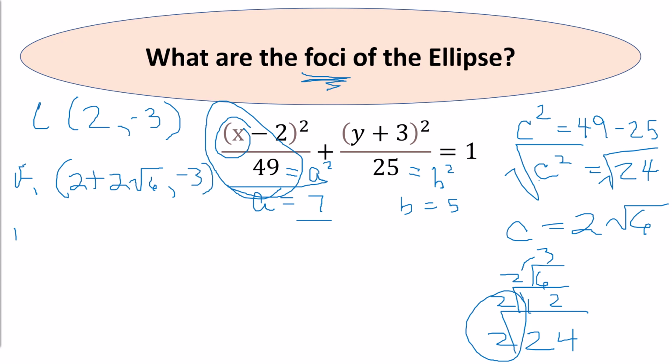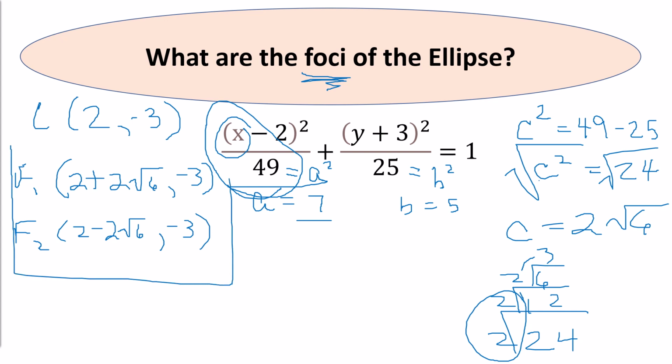And focus 2 is 2 minus 2 square roots of 6, negative 3. Okay, those are our foci. We only have foci along the major axis.